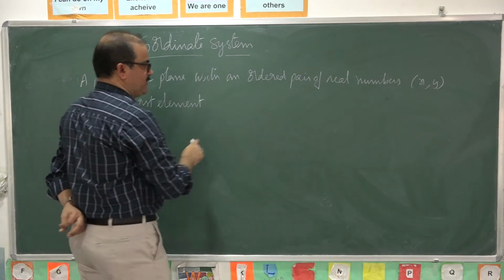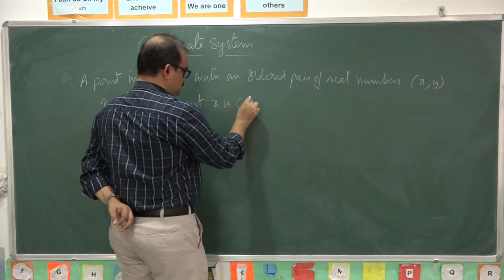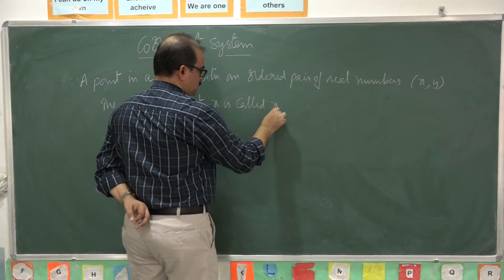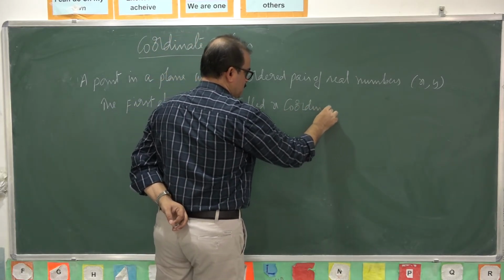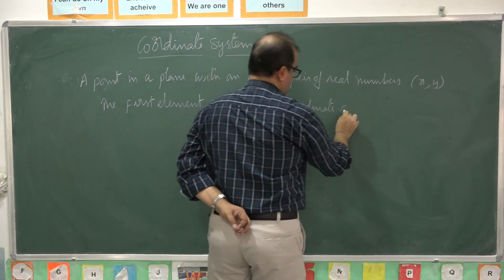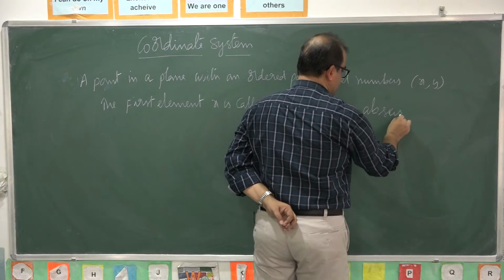The first element x is called x coordinate or abscissa.